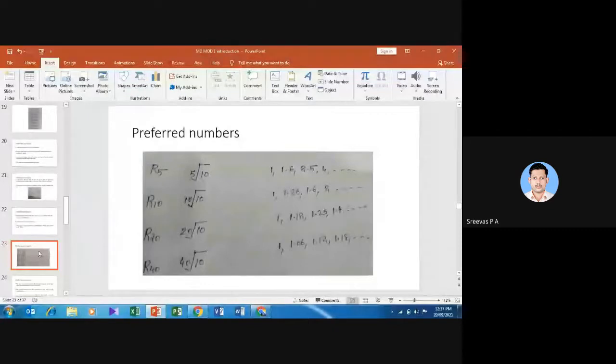So the first element of each series is unity, 1. For the R5 series, the first term is 1. R10 series, first term is 1. R20 series, first term is 1. Similarly, for R40 series, the first term is unity, 1.